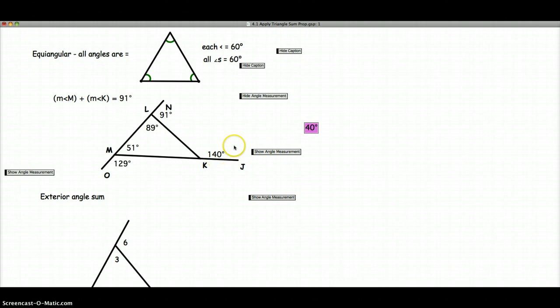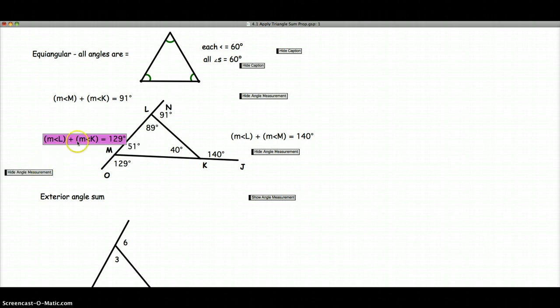That's right, it's 140. So the measure of angle L plus the measure of angle M is equal to 140 degrees. If I take this 51 out, what does 89 plus 40 equal? That's right, 129.